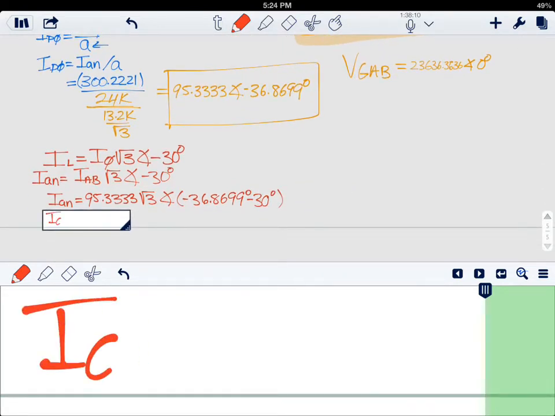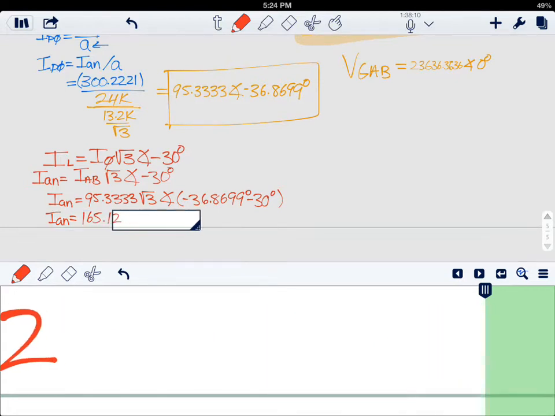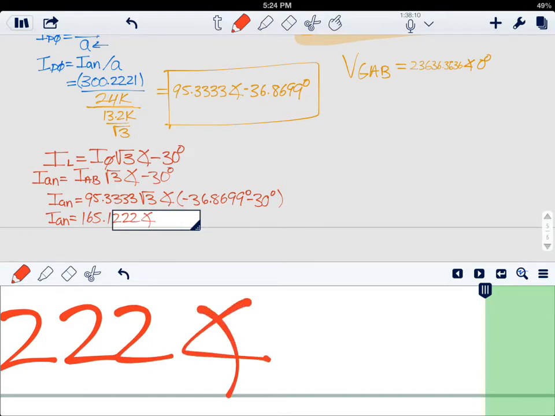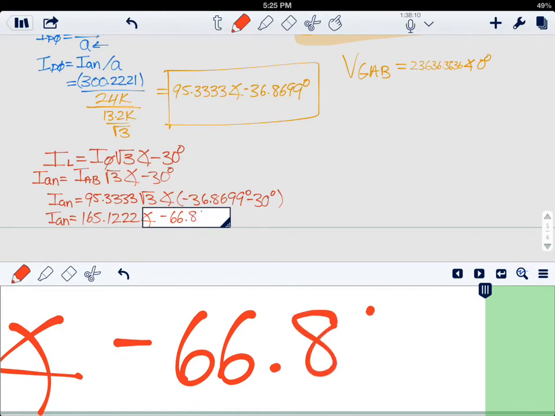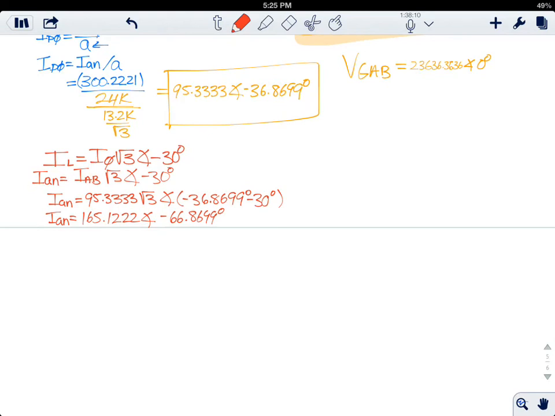And this is going to be the current at the generator. And there we go.